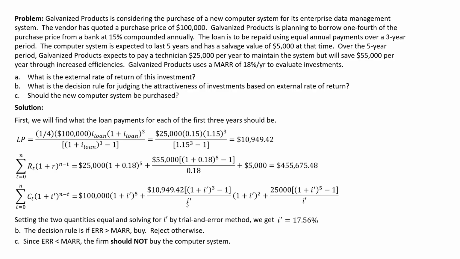Yeah, but the thing is there's an i' in the denominator, right? So we want to get rid of this i' in the denominator and we'll multiply the whole thing by i'. If we do that, we have i' times (1 + i')^5, and when you multiply, you get i'^6 plus some other terms.